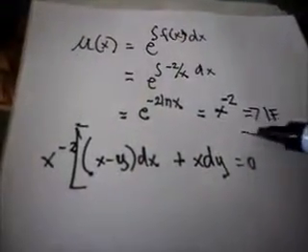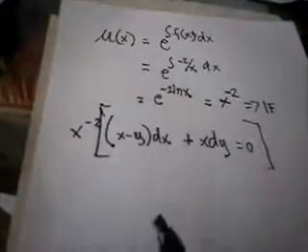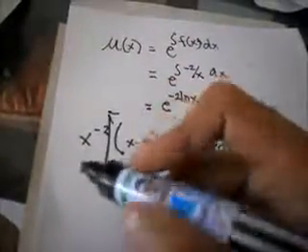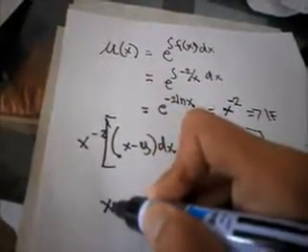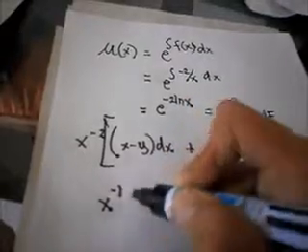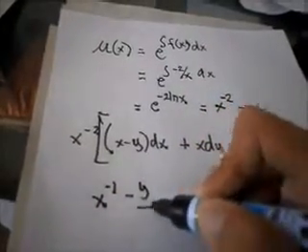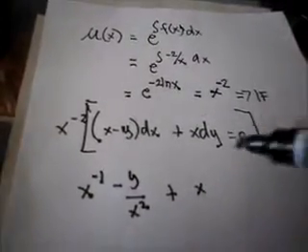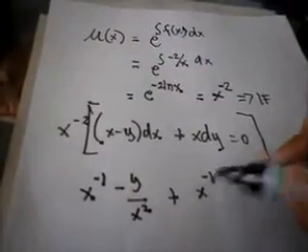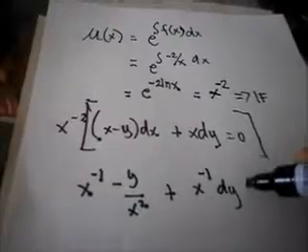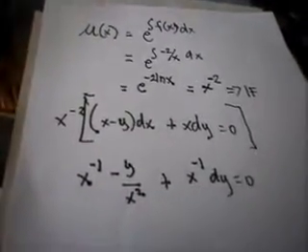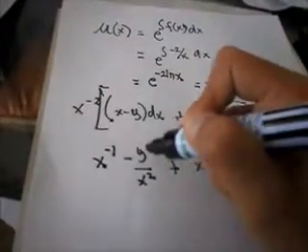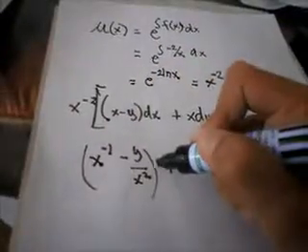If we multiply that one, we get this equation: (-y over x squared) dx plus x to the negative 1 dy, which is equal to 0. This one has dx.